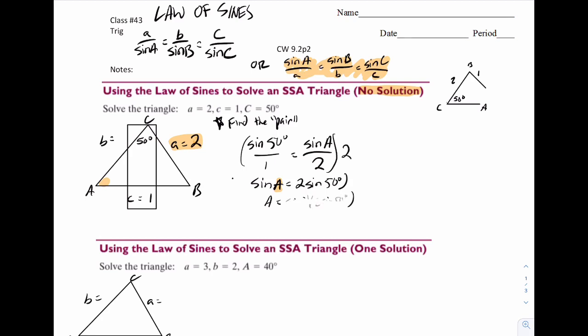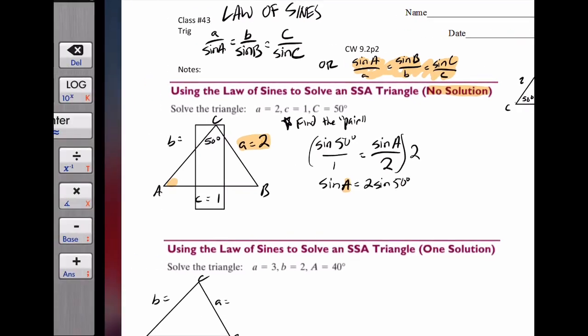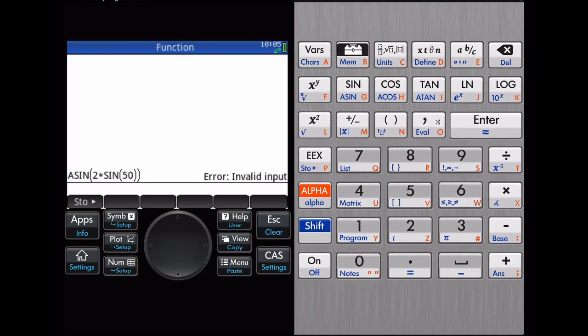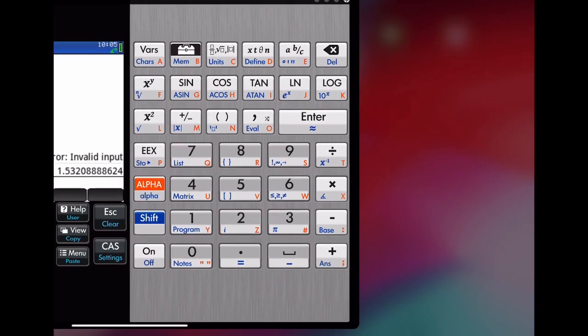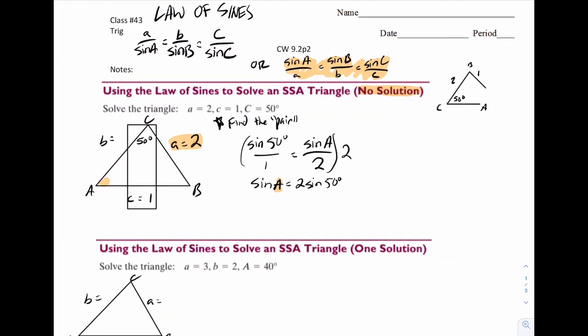Let's erase this. Let's figure out what actually is that 2 sine 50. So let's go back to our calculator. Let's just type in 2 sine 50. That's about 1.53. So we're going to write sine of A equals 1.53. That's going to be our first step.